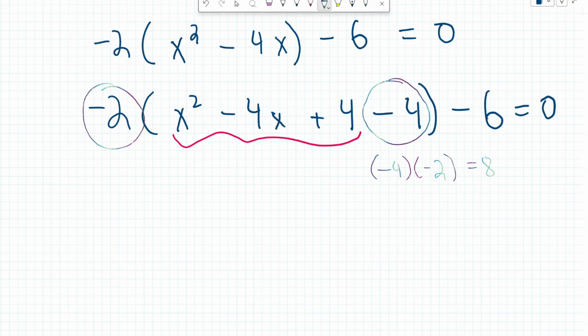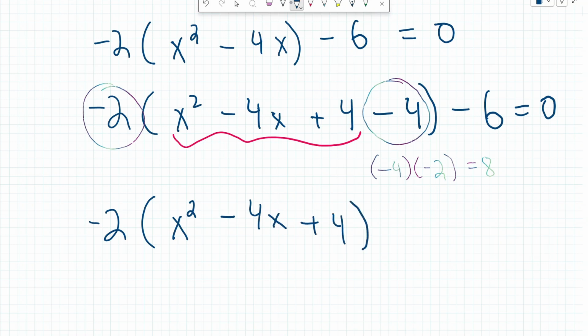We have to do that in order to remove it from our brackets. So we rewrite negative 2 multiplied by x squared minus 4x plus 4, and then we have this new 8 term, so plus 8, and then minus 6.